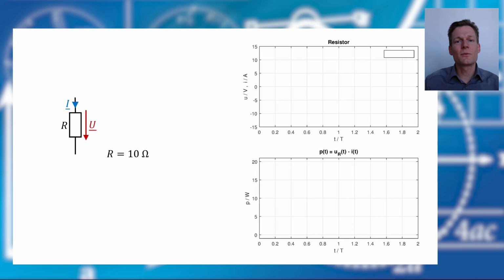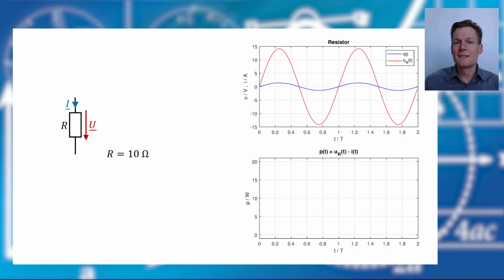I said we had a current of 1 ampere, and in time domain that means that we have a sinusoidal current with the amplitude square root of 2 times 1 ampere. And the amplitude of our voltage is square root of 2 times 10 volts.